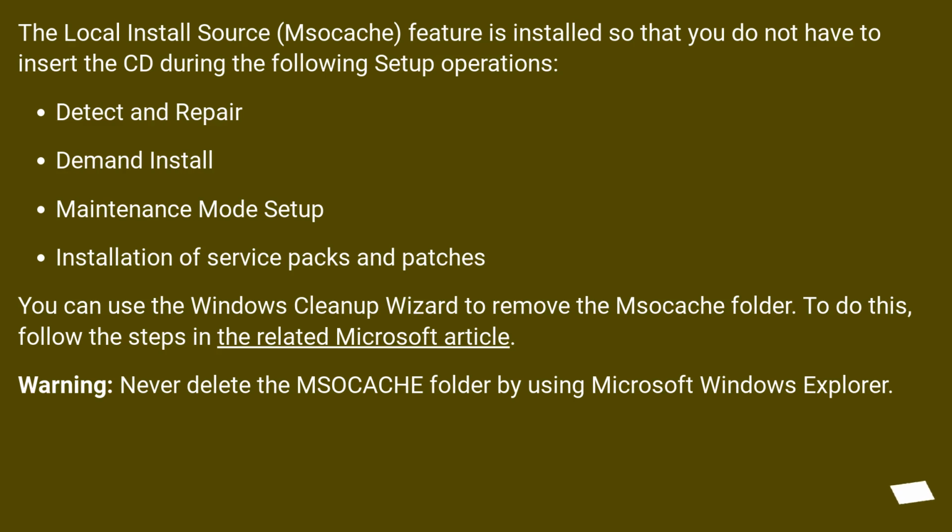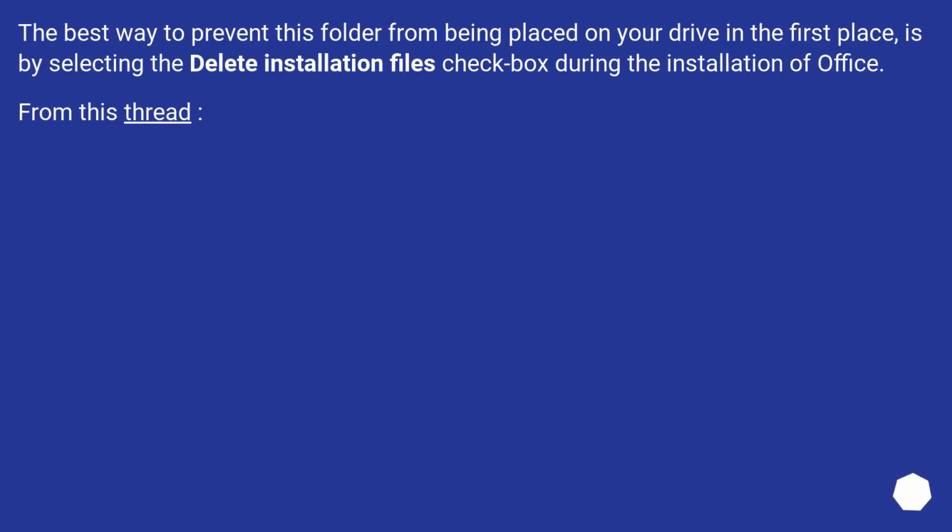To do this, follow the steps in the related Microsoft article. Warning: never delete the MSOCache folder by using Microsoft Windows Explorer. The best way to prevent this folder from being placed on your drive in the first place is by selecting the Delete Installation Files checkbox during the installation of Office from this thread.